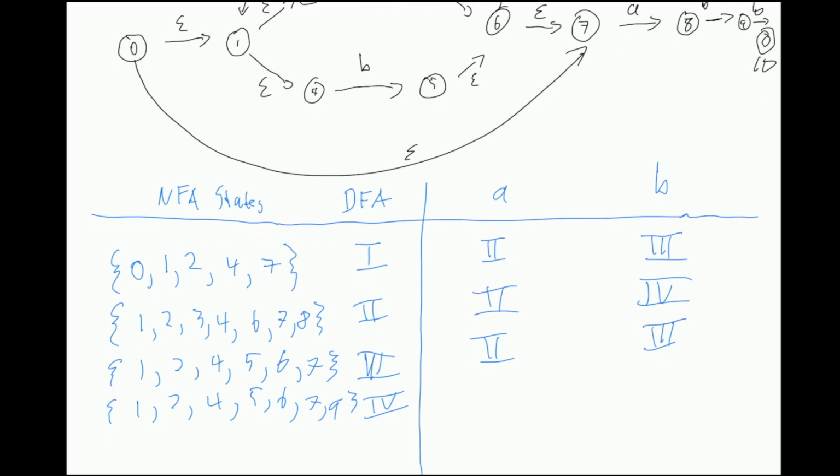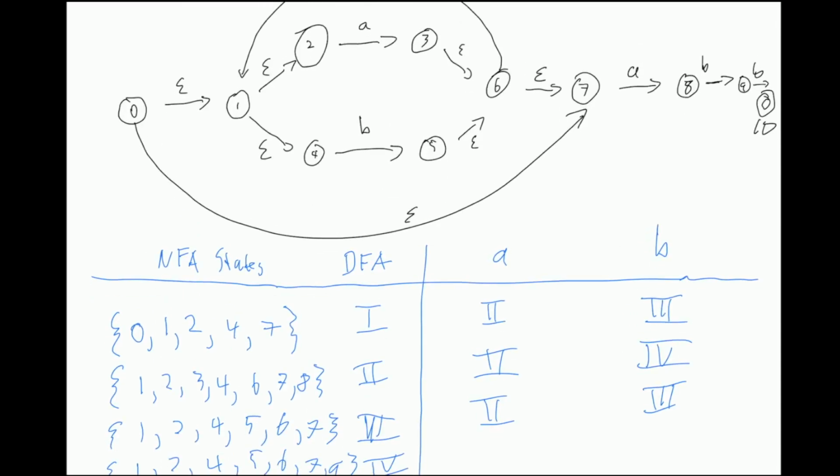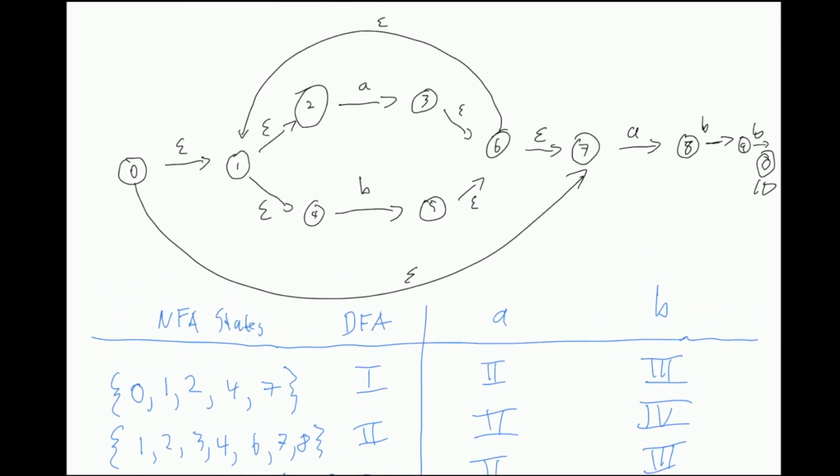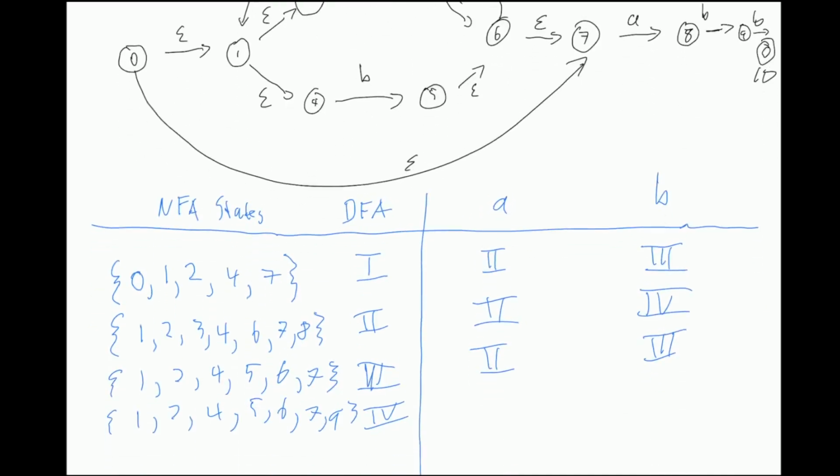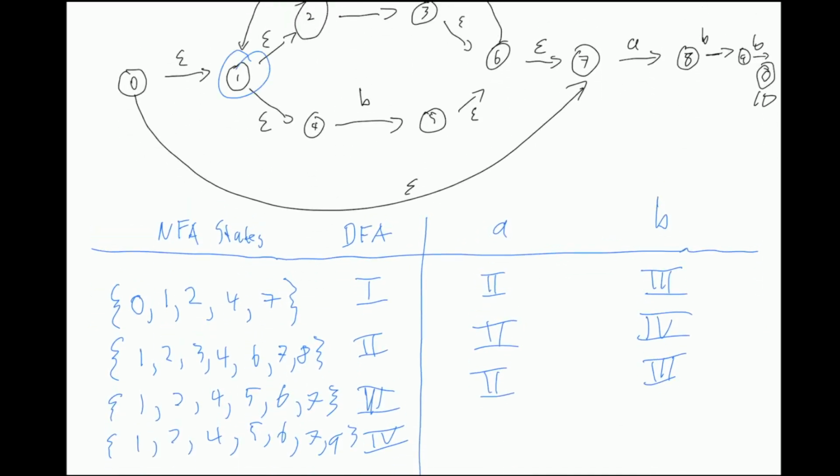All right, so we're in state 4. So let me circle the states to make it easier to see. So 1, 2, 4, 5, 6, 7, and 9.